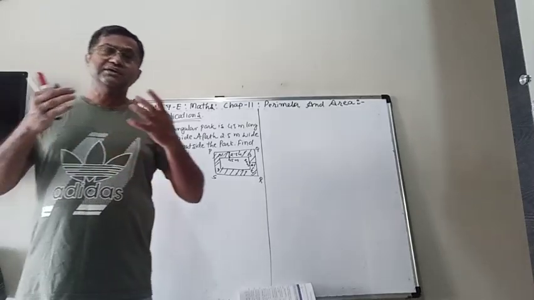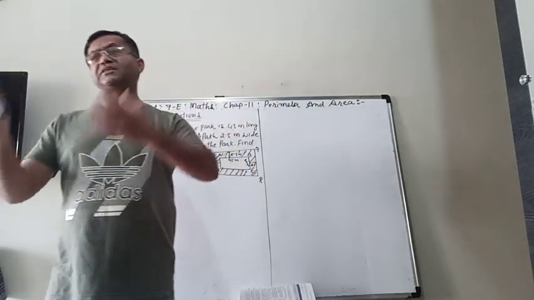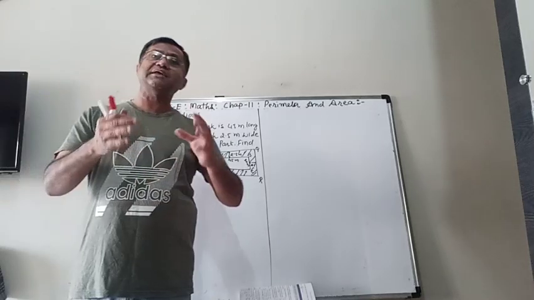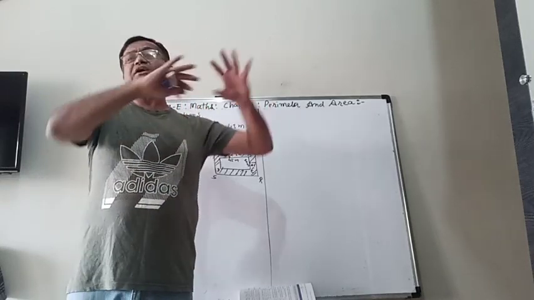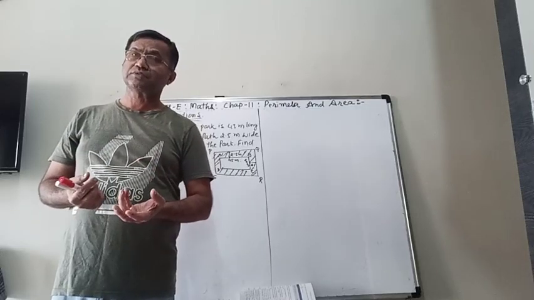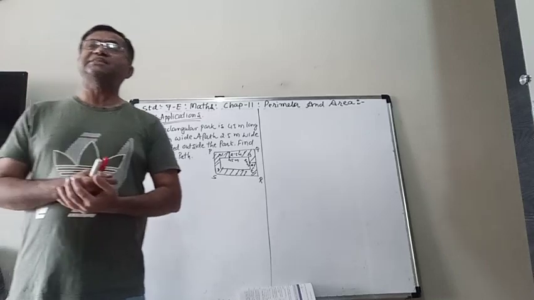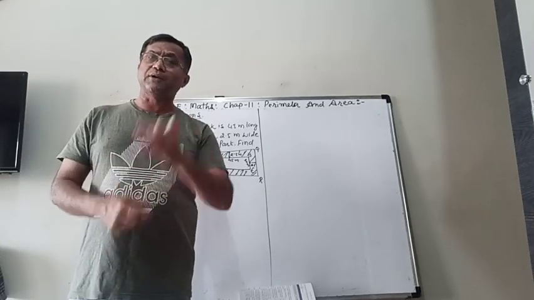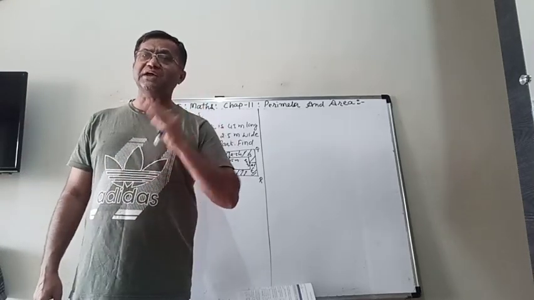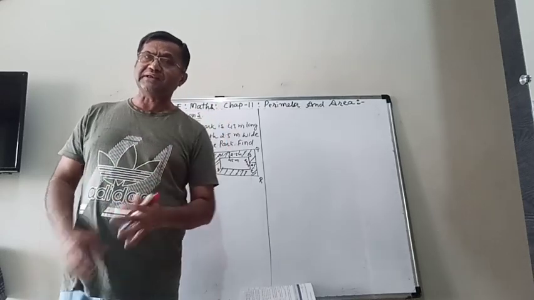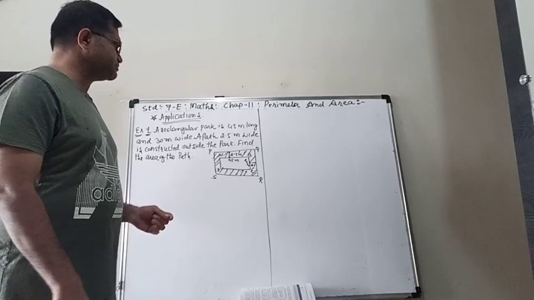We have to either subtract one area from another area, or add some areas and then subtract from the other area. Different types of situations are there, and we have to take a proper look at them and then find the related area. Let us understand with an example first.